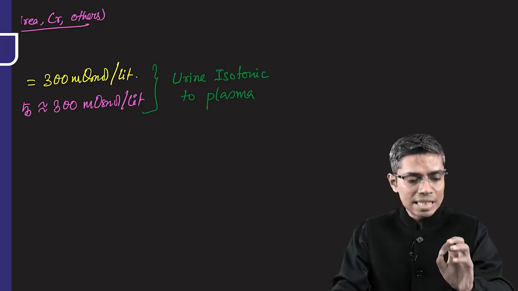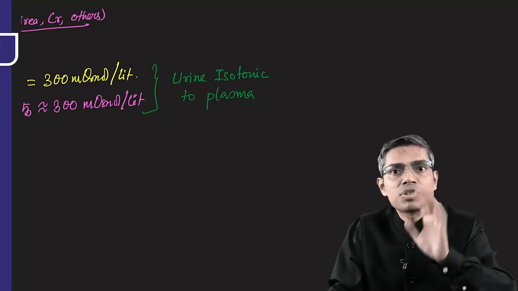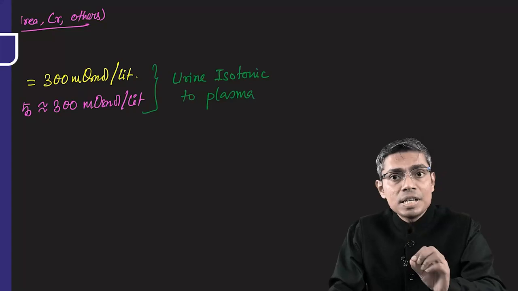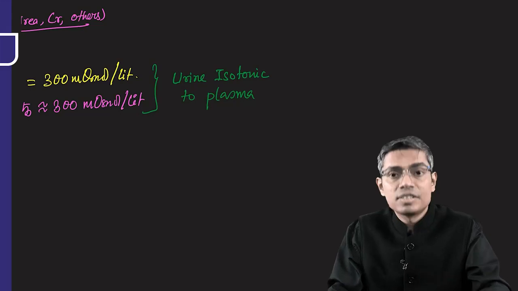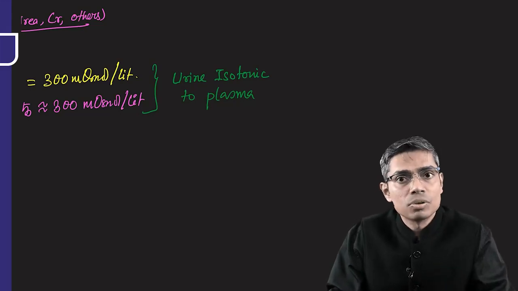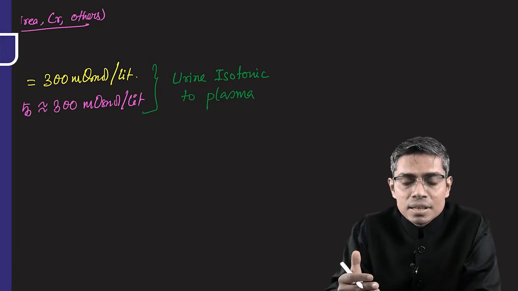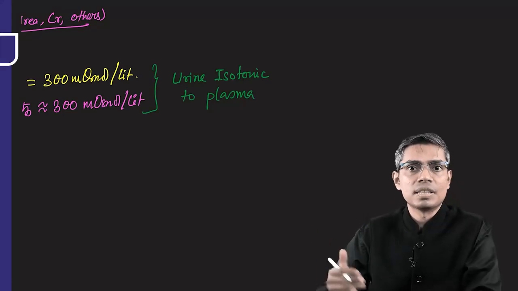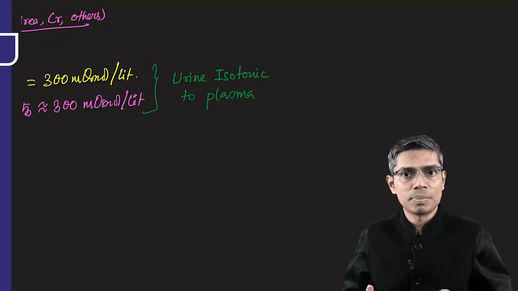Do you think that the urine is excreting extra water for excretion of the waste product from the body? Do you think the urine is excreting less water from your body for excretion of the waste product? Answer is no. Neither is it excreting extra water in the urine, nor less water, because the osmolality of the urine is equal to the osmolality of the plasma.